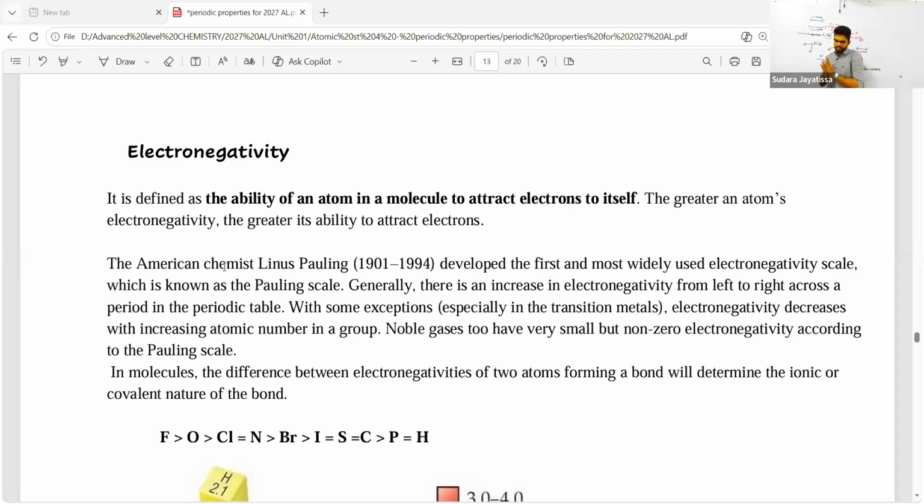In molecules, the difference between the electronegativities of two elements forming a bond will determine the ionic or covalent nature of the bond. That's true.